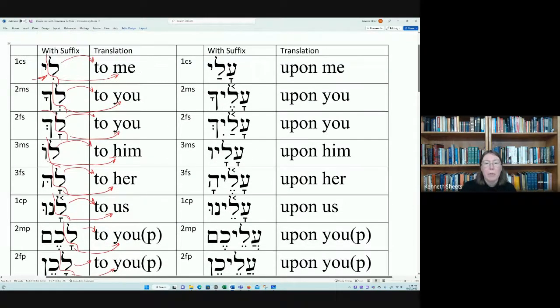So notice here as we go through this, al is going to be the preposition "upon."